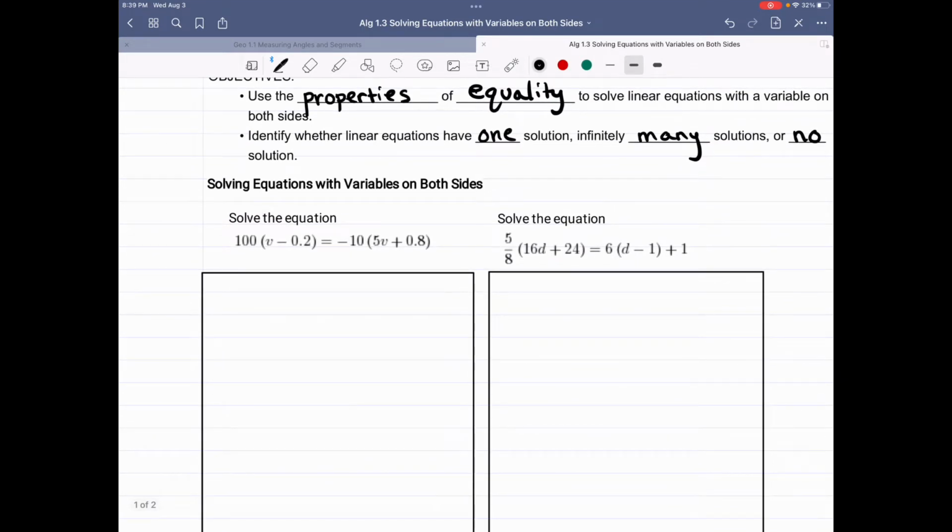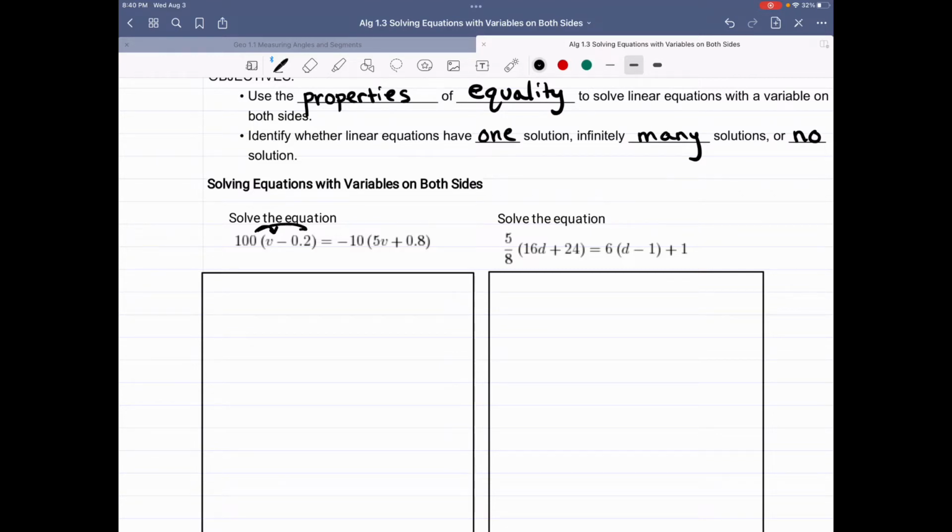Let's start with solving equations with variables on both sides. We have 100, parentheses, so that's being grouped, v minus 0.2. And the first step that we're going to do is to distribute. We're going to simplify it by getting rid of the parentheses.